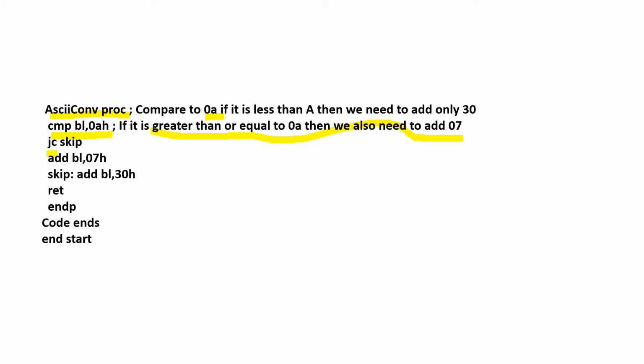So jump carry skip. Add bl, 07h. If it is less, we need to add bl, 30h. Then return, and the procedure code ends.